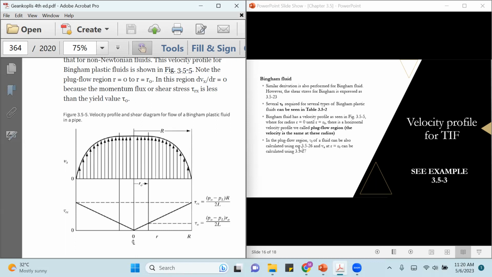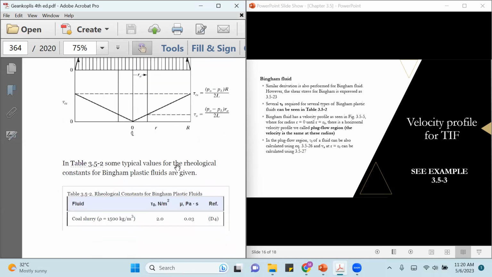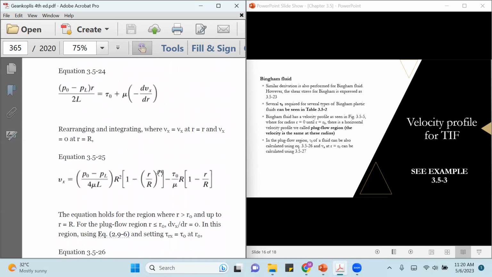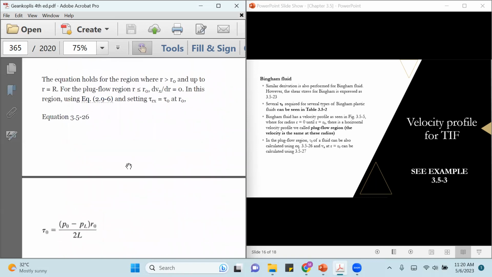Now, in the plug flow region, the tau 0 can also be calculated using equation 26. So I will go down here. In the plug flow region, where the velocity is the same, the tau 0 can be calculated using this.